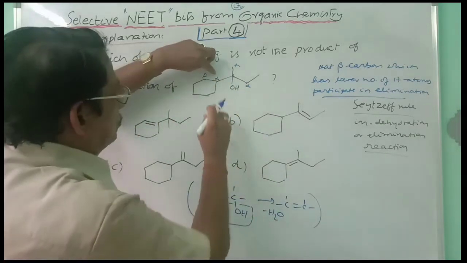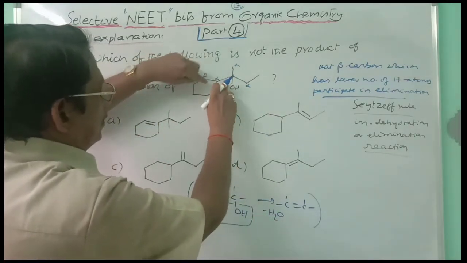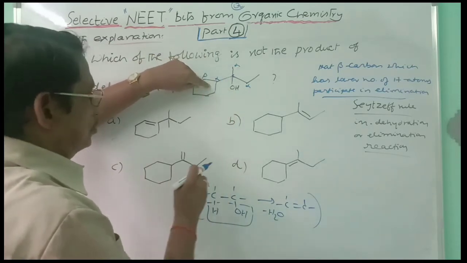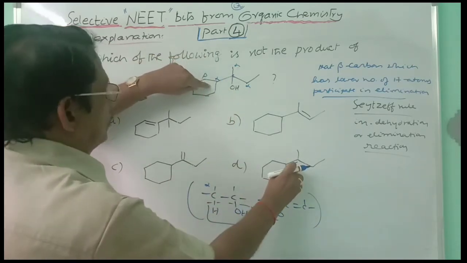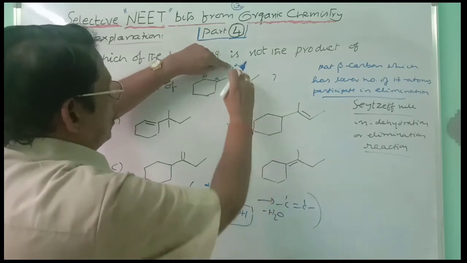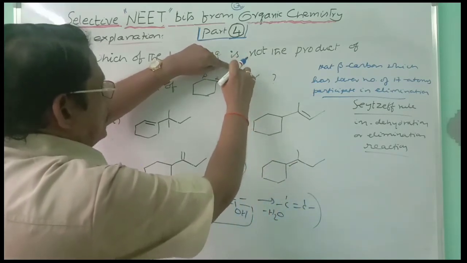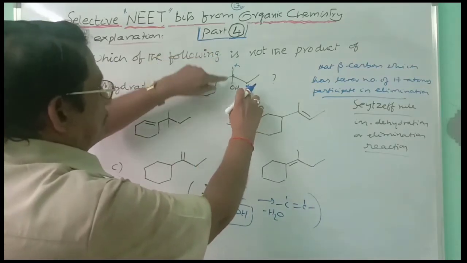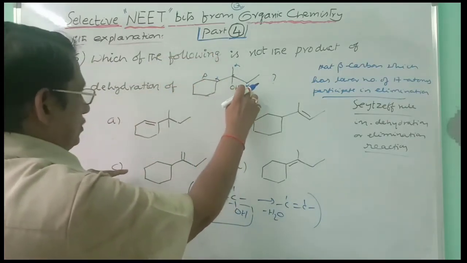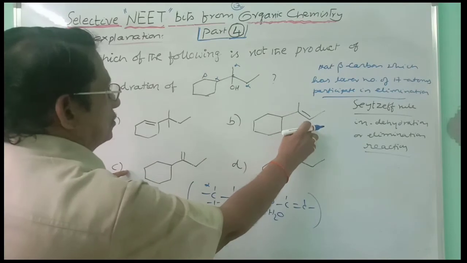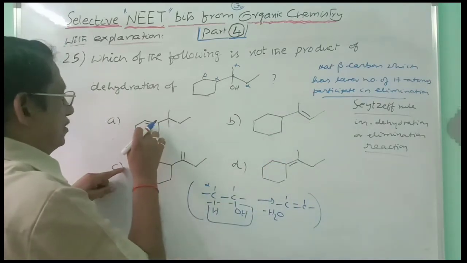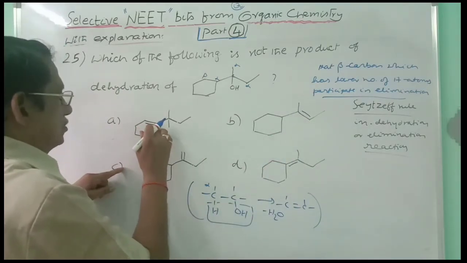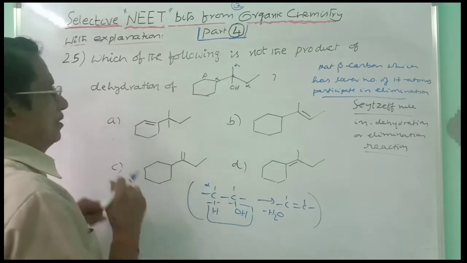If H is removed here, the pi bond will be obtained here between these two. If H is removed here, C double bond C will be obtained here. If H is removed here, C double bond C is obtained here. And here if you take the bond here, this is the alpha, this is the alpha, this is the beta.